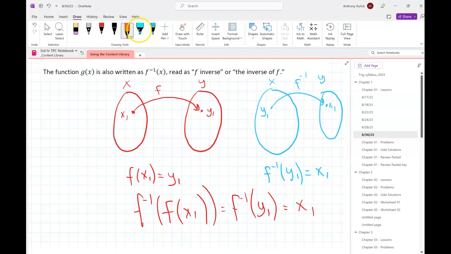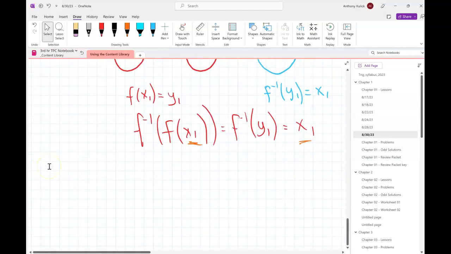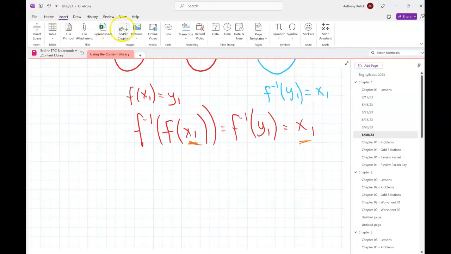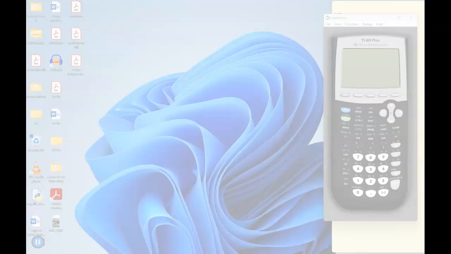And what have we done? We're just back to where we started. We've done nothing at all, right? So that's the idea of what we want these inverses to do, to just basically cancel each other out, or to undo what it is that the function was doing. So f inverse should just kind of undo whatever f was doing.